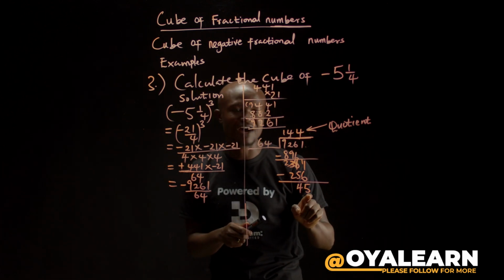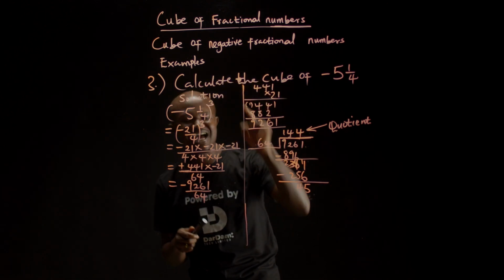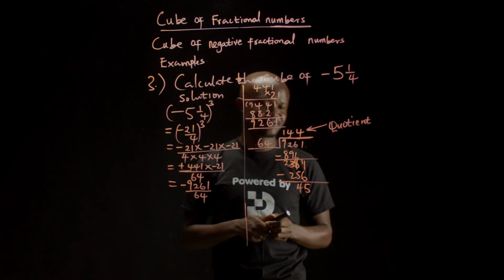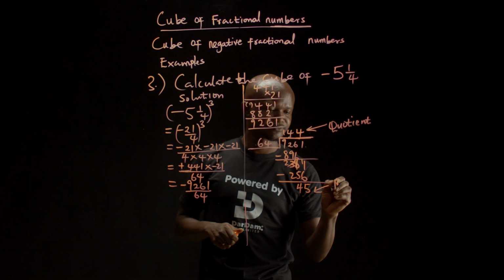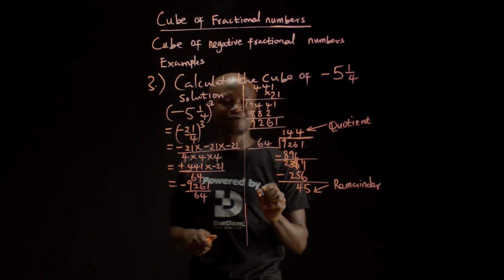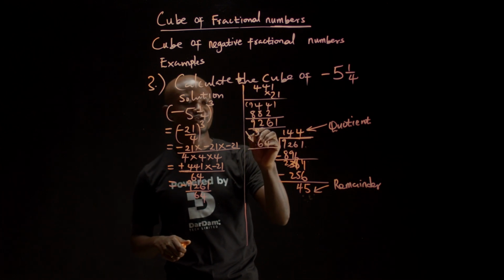But if the remainder is less than the divisor, then it forms our remainder. And don't forget, this is our divisor.